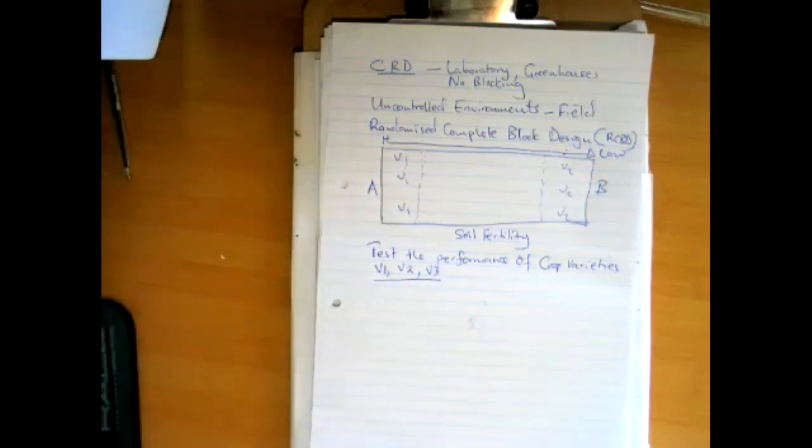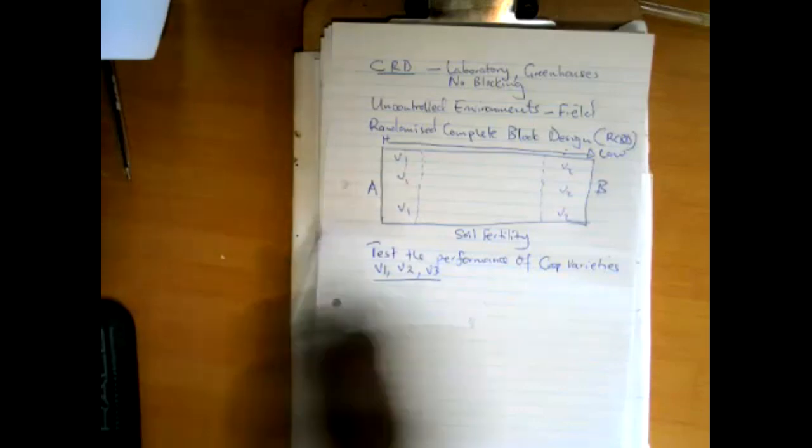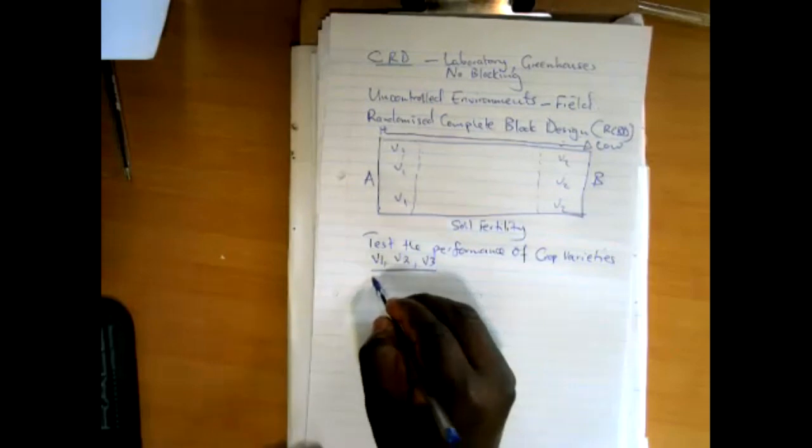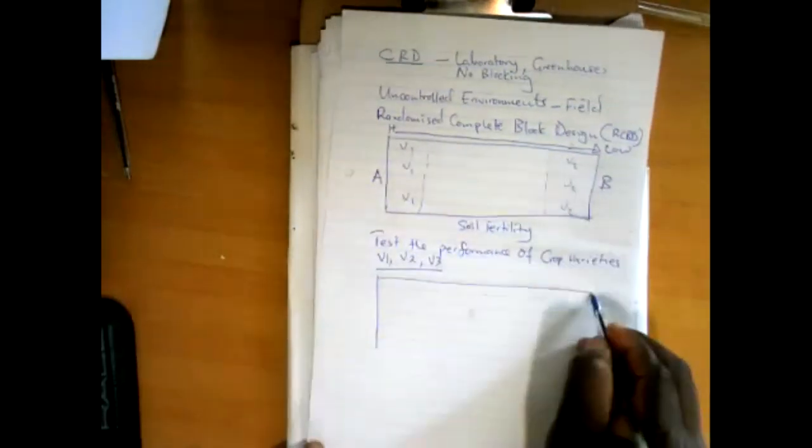So in such a case, we need to block. What are we blocking? We need to block the effect of fertility. Instead of arranging this experiment this way, what would be the best scenario is to have a situation where we subdivide this big piece of land into what we call blocks.